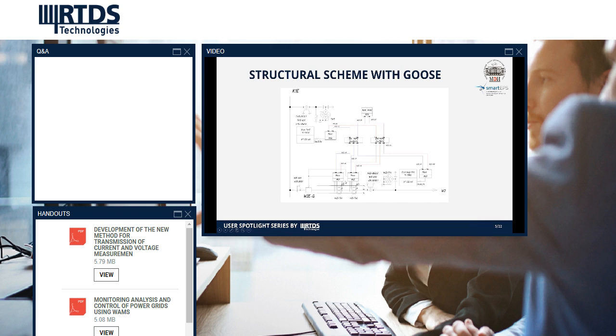To transmit measurements and discrete signals, a single LAN is used. Due to the presence of a separate LAN in one option for the transmission of discrete messages, there is an additional component that affects the reliability of the system as a whole.